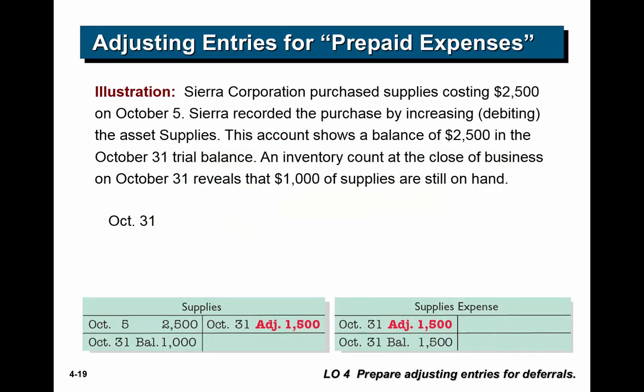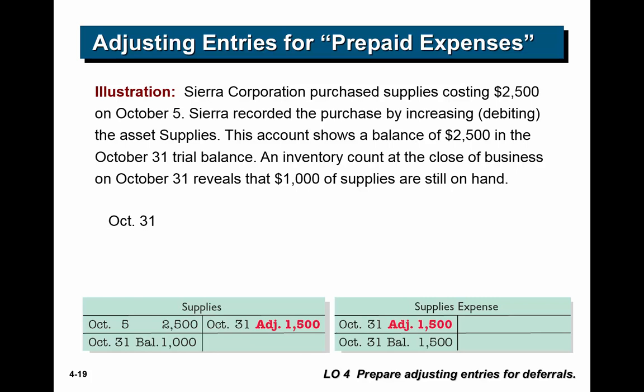Sierra Corporation purchases supplies that cost $2,500 on October 5th. They record the purchase by increasing the asset supplies, and they show a balance of $2,500 in the supplies account. Then at the end of the month, they count up all the supplies they have on hand, and they realize they only have $1,000 worth of supplies.